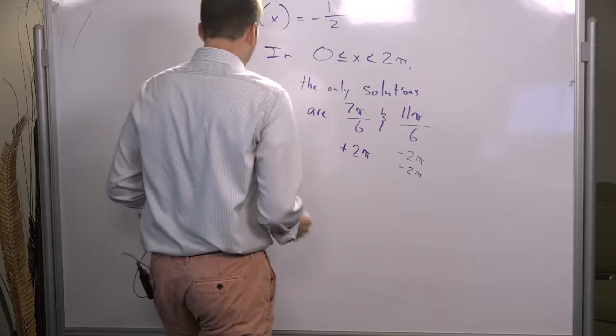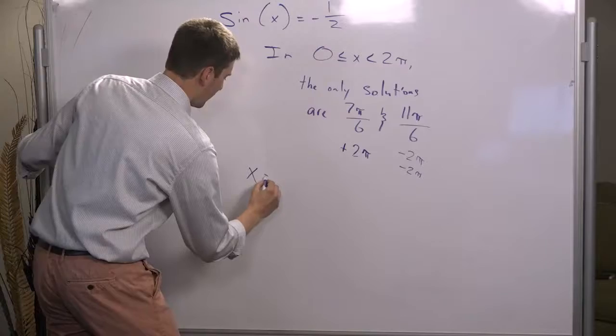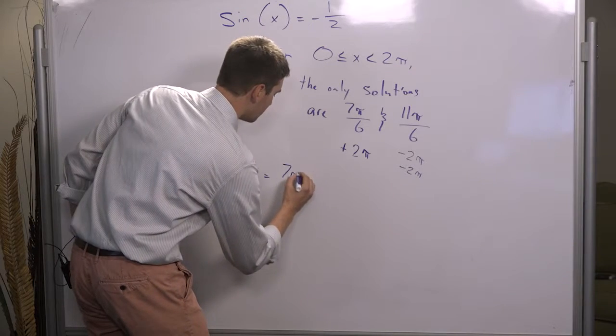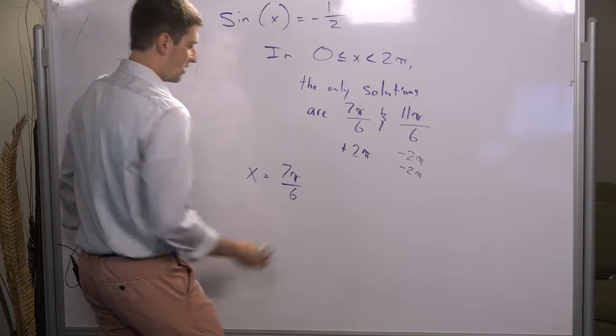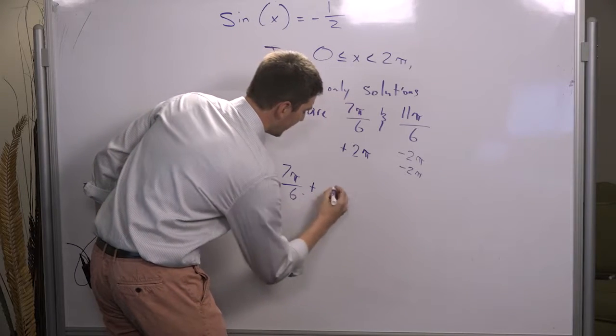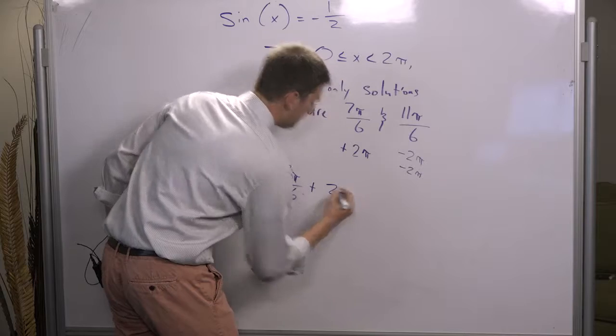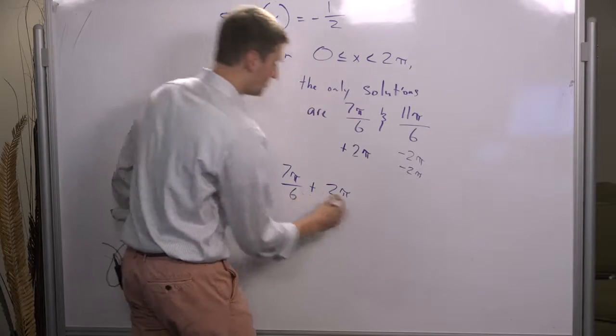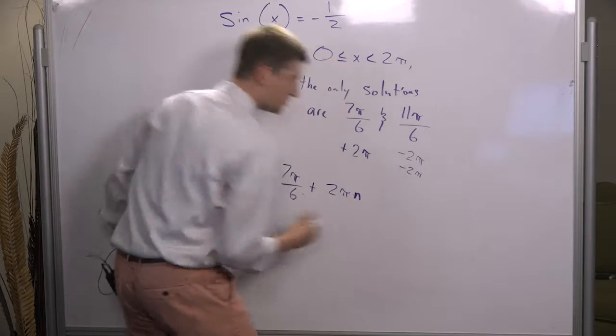So the way we typically write this is that we say we have x equals one solution. And what we can do is we can add, or let's just say add, 2 pi, but we can add as many of these as we want, so we just write a little n times it.